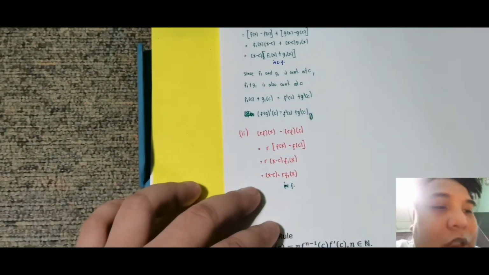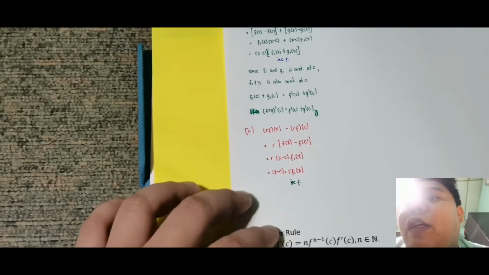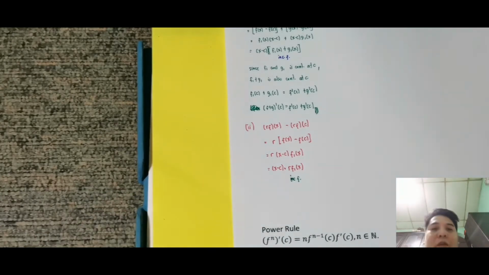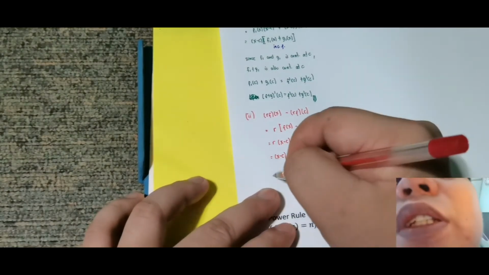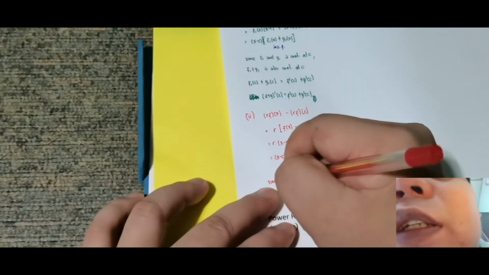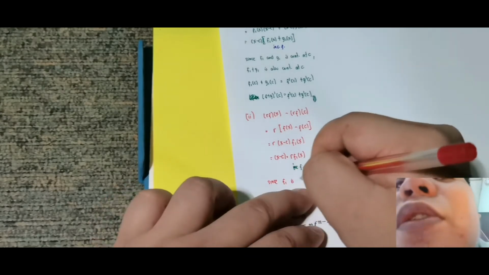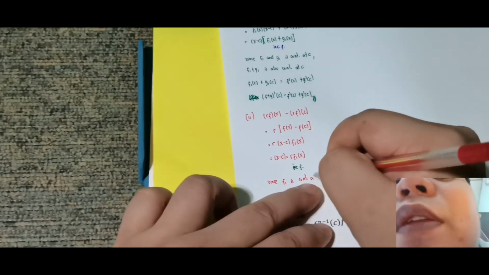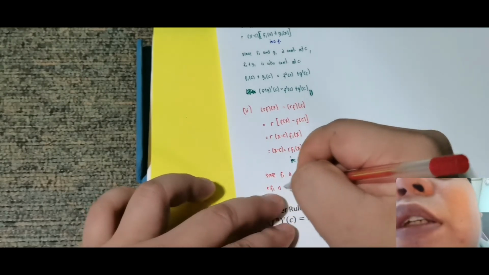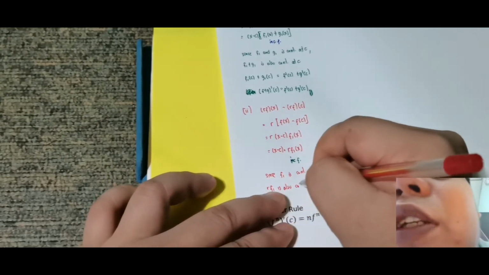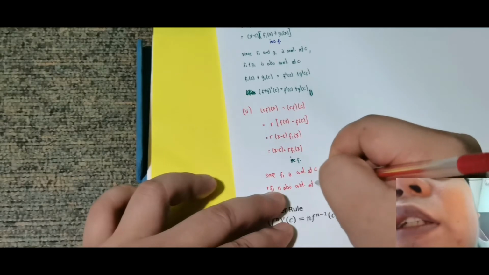Okay, so since yan yung increment function natin, anong gagawin natin? Since f sub 1 is continuous again at c, then by property, r f sub 1 is also continuous at c.